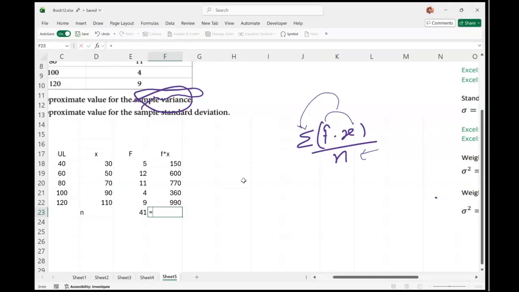So equal to the sum of all these numbers. Now mean, I'll write it here, mean is equal to this number divided by this number. That's the mean value. 70 is the mean we've got.